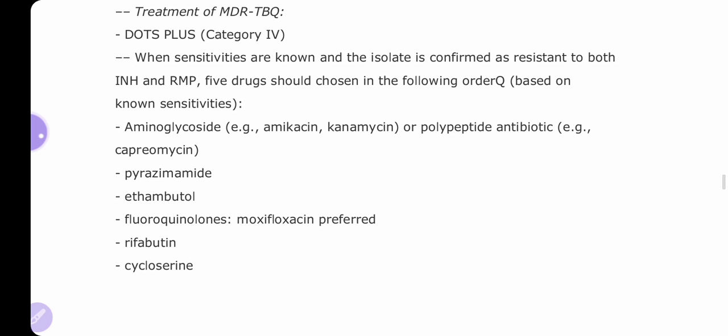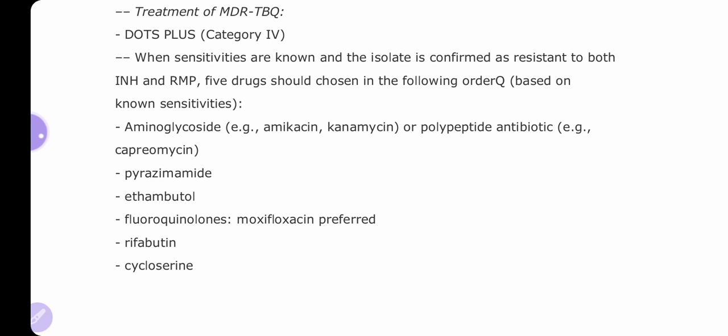So you should know whenever asked about the MDR TB treatment, you can be asked in vivas also to name any 2 or 3 drugs which are used in MDR TB. So you should know that aminoglycosides like amikacin and kanamycin are used.